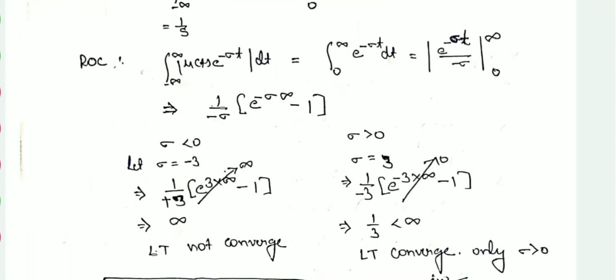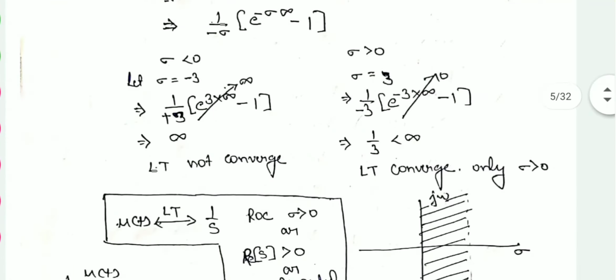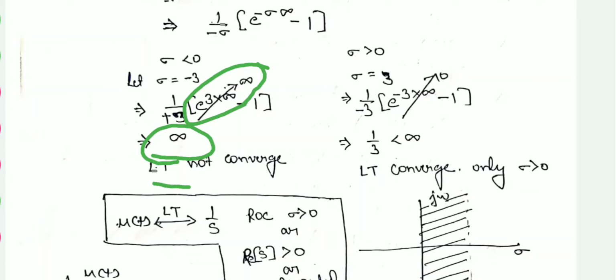Then when we put the limit into the equation, we get 1 upon minus 3, and e to the power of minus times minus 3, and it becomes positive infinity. Then e to the power positive infinity means it is infinite, so the integral does not converge, therefore the Laplace transform does not converge.